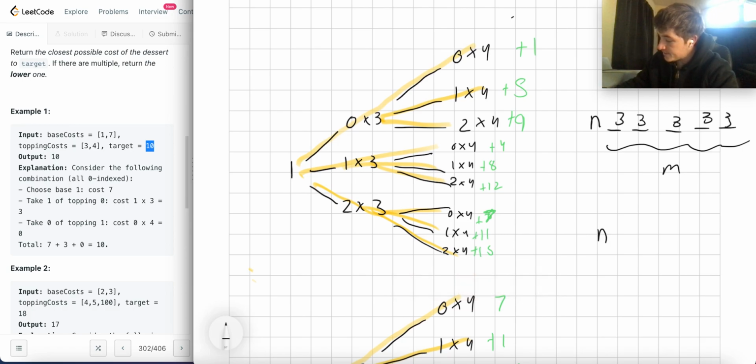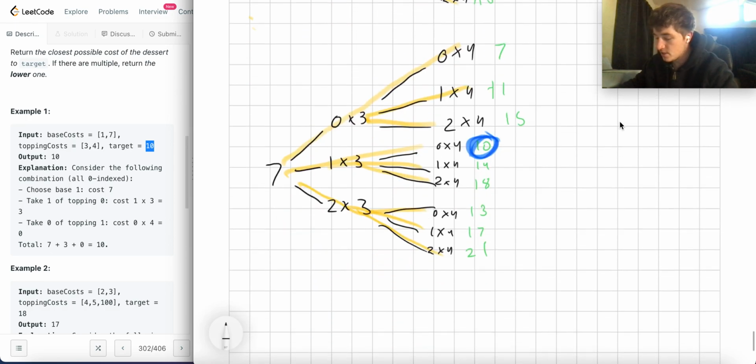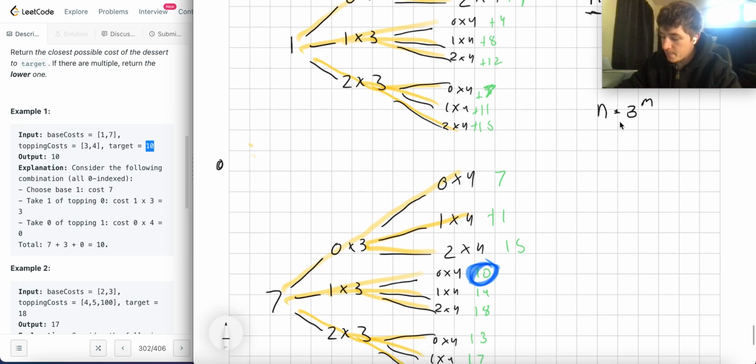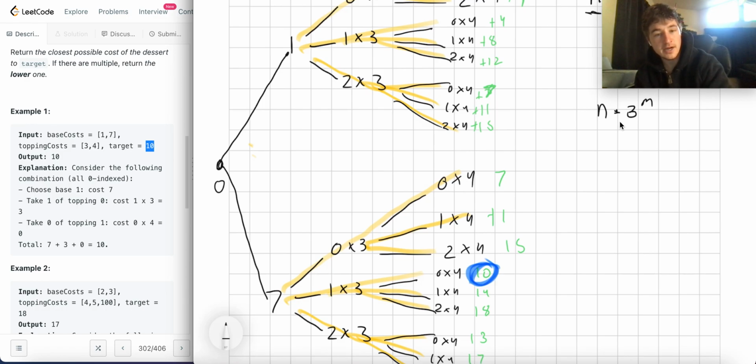So that's N times 3 to the M, right? Because there's M cases where I have to choose either 0 or 1 or 2 things. So that gives me 3 options. And then the N's here, right? Because for this example, there's a 0 path here, and I either choose this one or I choose this 7, right?